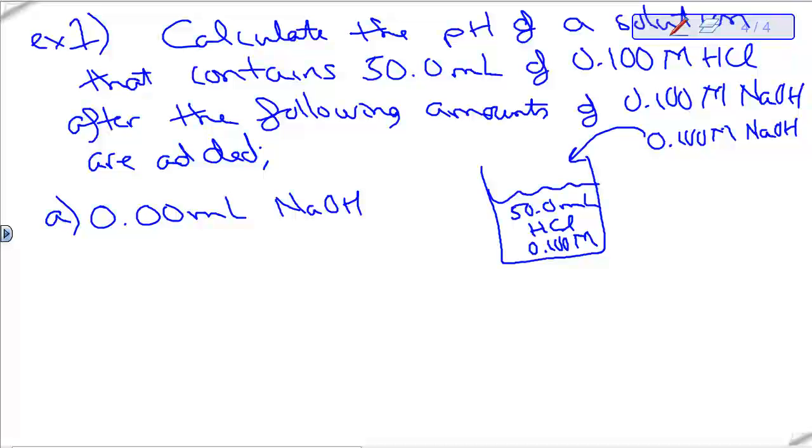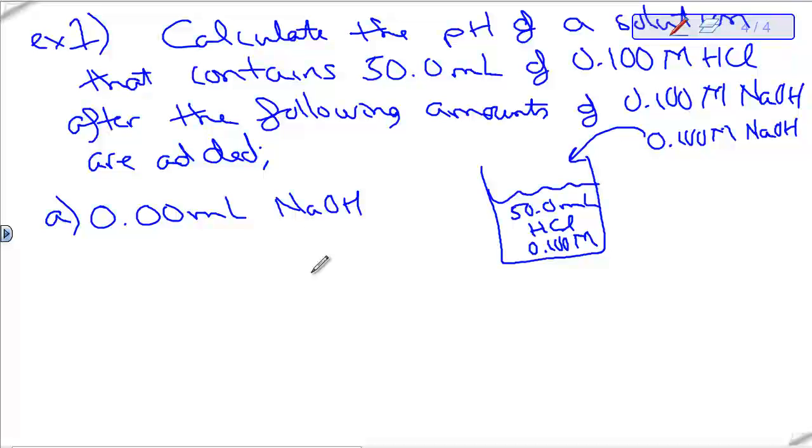Another factor that's going to come up is this issue of volumes. The volumes are in milliliters, and as you can see, we're going to have a whole sequence here. We'll do about 4, where we're going to add another volume. We're going to add another, like 10 mils, or actually we're going to add 49 mils of the sodium hydroxide. We'll get to that in a second. Well, those volumes are additive.